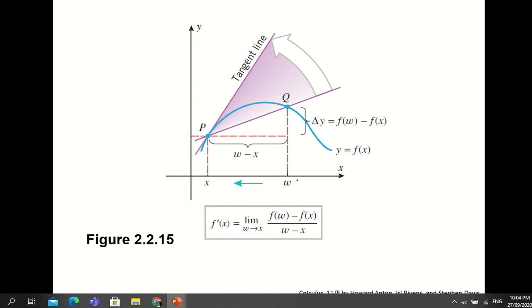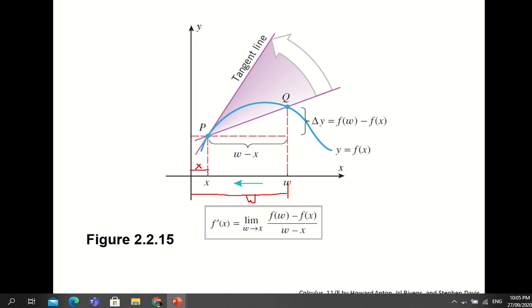We can also say that the distance from the y-axis towards P is x, and the distance from the y-axis towards Q is w. So now if you take this difference, we have w minus x, meaning the distance from the y-axis up to this point is w, and from here, this is our x, right?